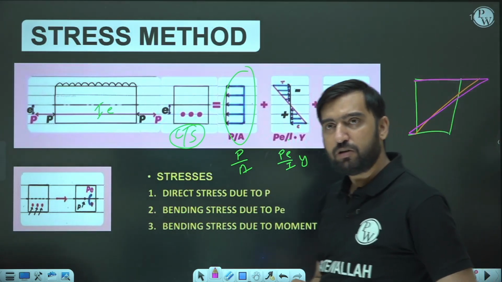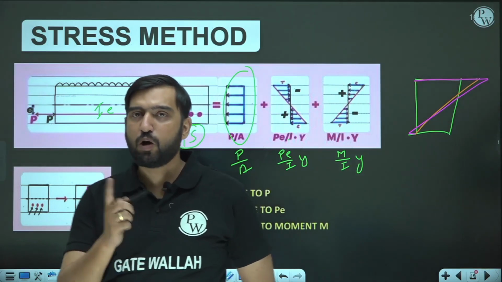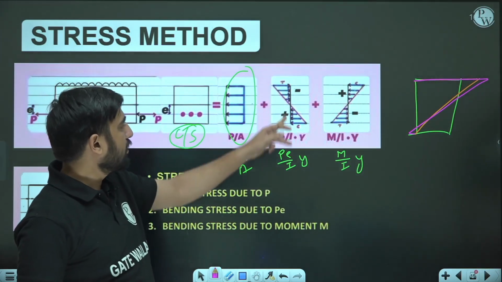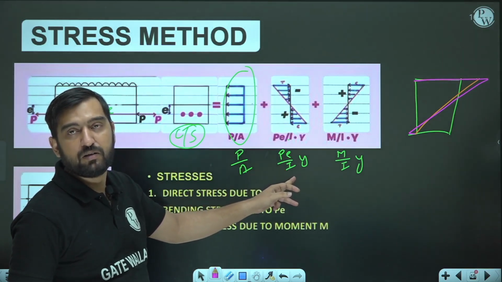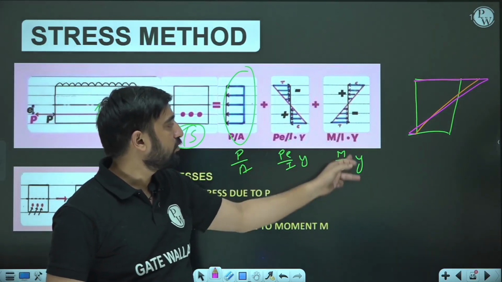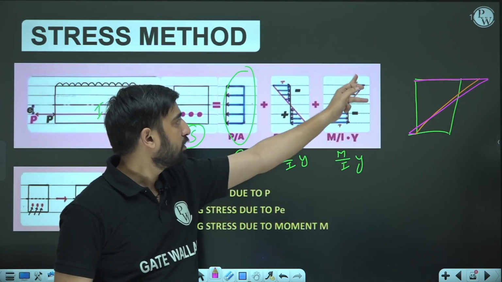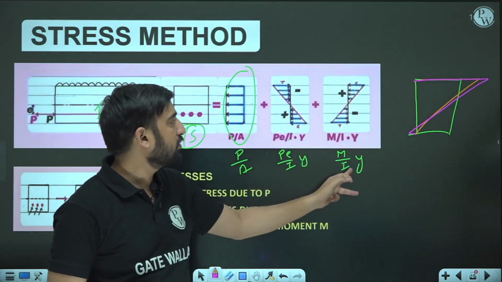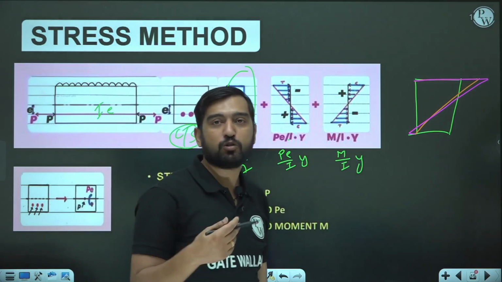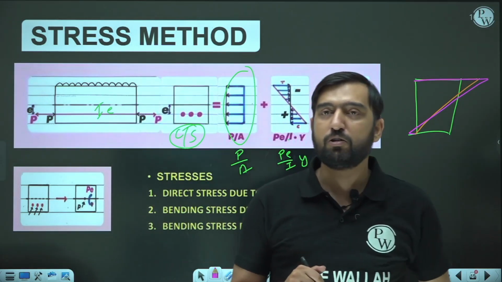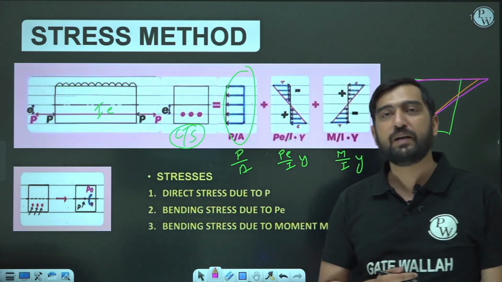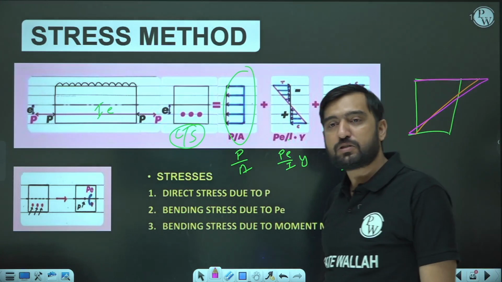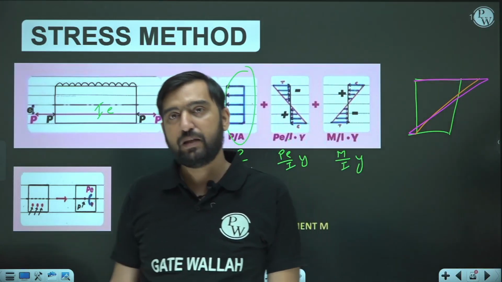But one thing is sure, the sum of stresses at top and bottom fiber is going to remain constant. So this plus this plus this, and this and this will be cancelled. So we can say the sum of stresses at top and bottom fiber is going to remain constant, and that is equal to 2P by A.